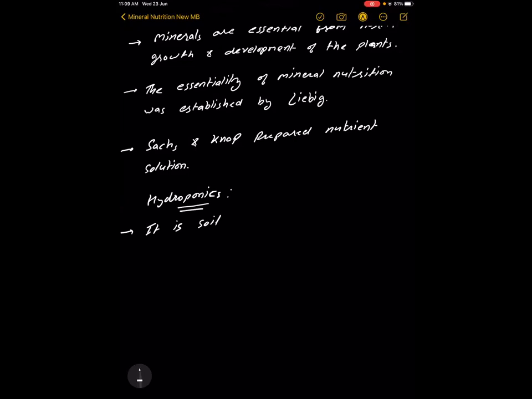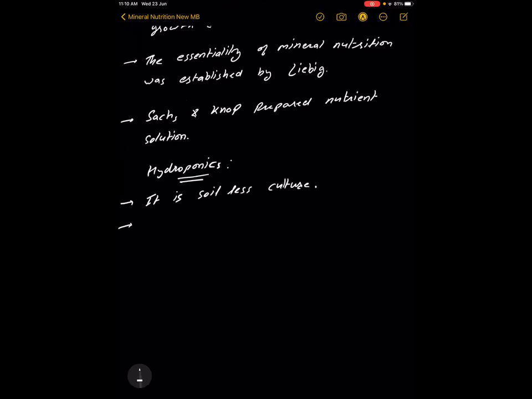So it is soilless culture. In soilless culture, the plants are cultivated in a solution containing nutrients, means the required nutrients for that particular plant.